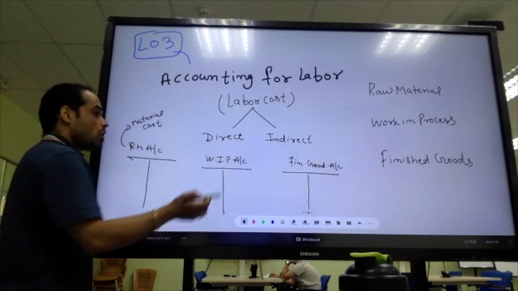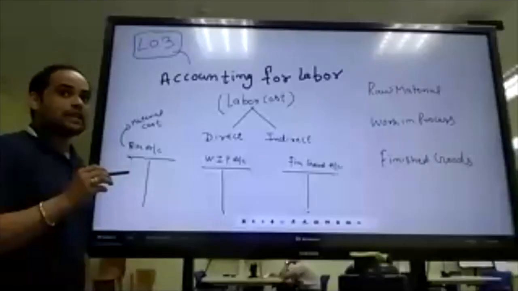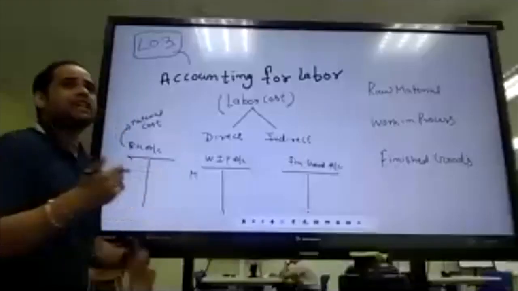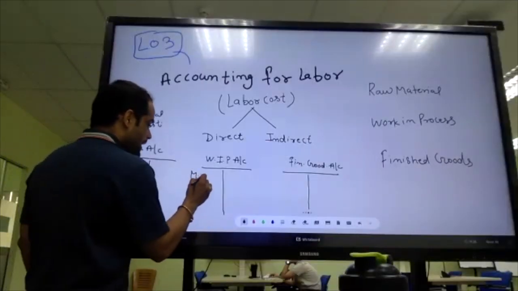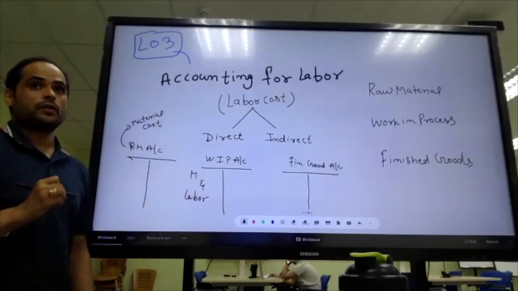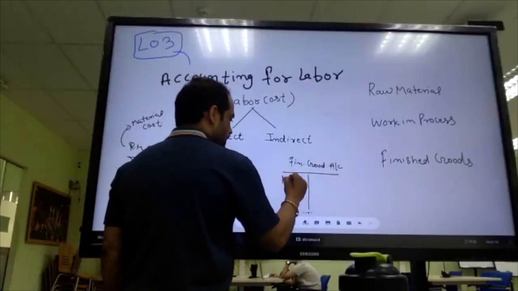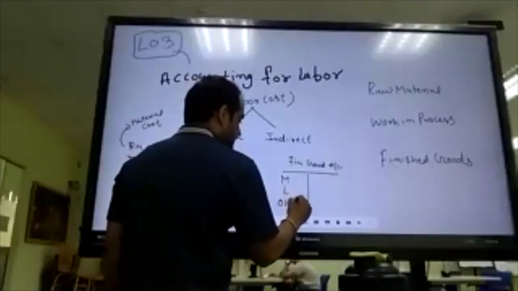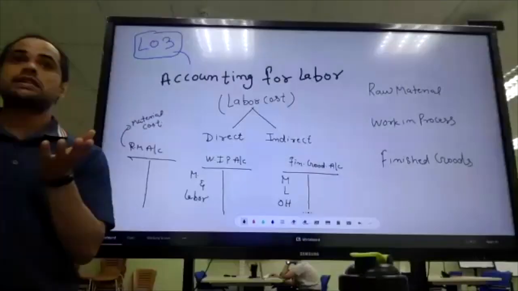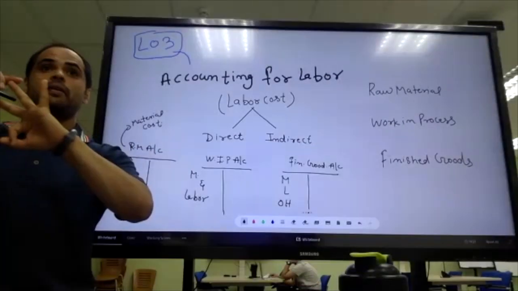Work in process provides information about material if we have additional material, and mainly labor. And finished goods is information about material, labor, and overhead, because finished goods means the product is finished. Product manufactured is a combination of three costs: material, labor, overheads.